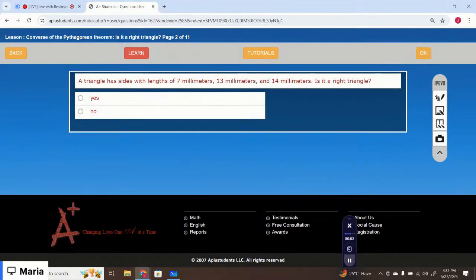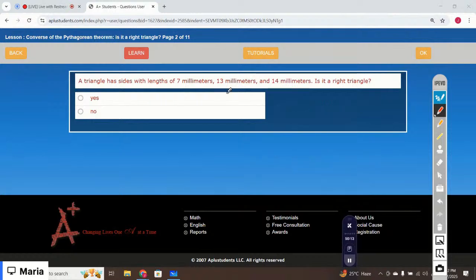A triangle has side lengths of 7, 13, and 14 millimeters. Is this a right triangle? So let's check if it is a right triangle. c square equals a square plus b square. The longest one is always c. 14 square equals 13 square plus 7 square. So 14 square is 196. 13 square is 169 plus 49.